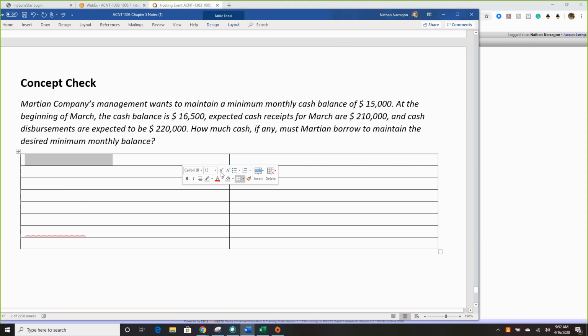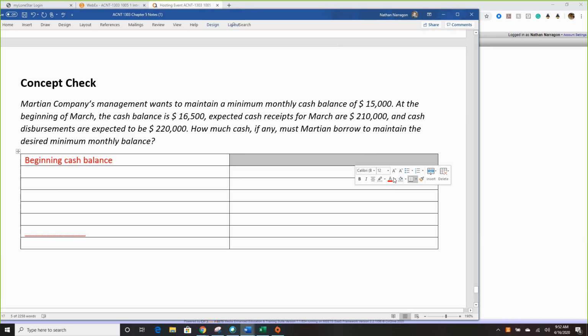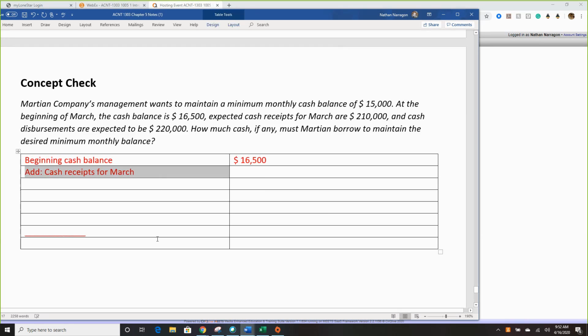So the first one that we hit is the beginning cash, which according to this problem was $16,500. Next, we always add our cash receipts. So that was $210.